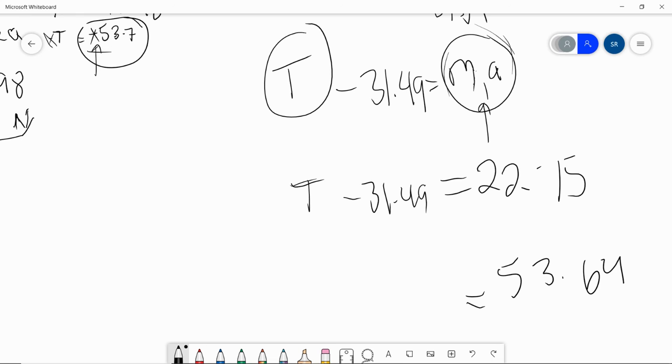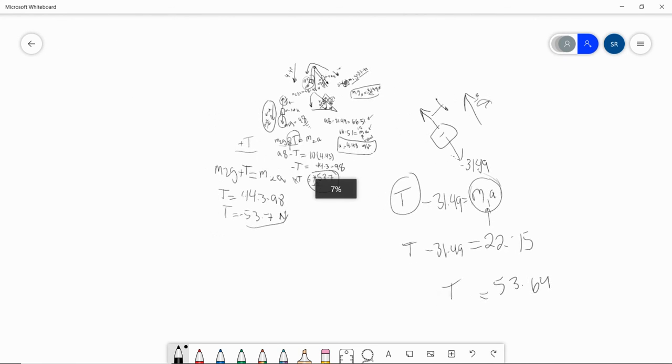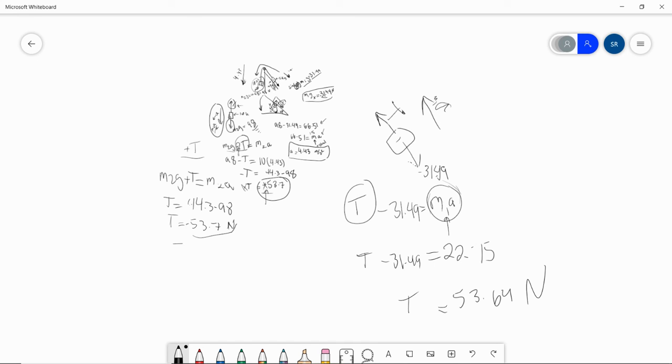It's probably some rounding off by 0.06, which is great. And as you can see, tension is pretty much equal between the two ends, no matter where you calculate it. The reason one of them is negative and one of them is positive is because the tension on the second mass is pulling up against the mass, and it's slowing that movement.